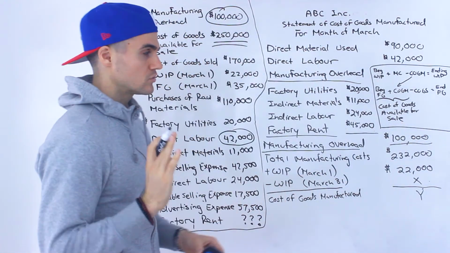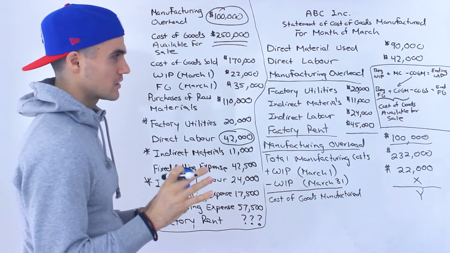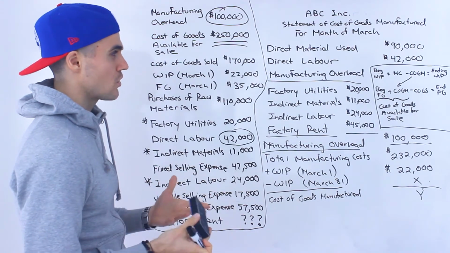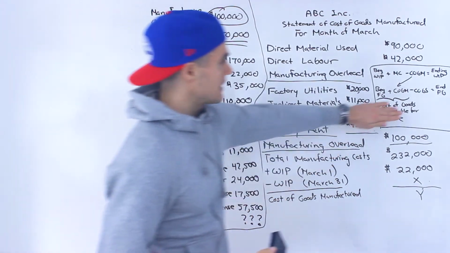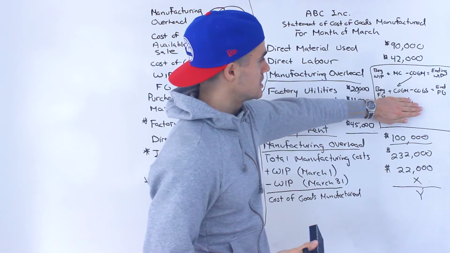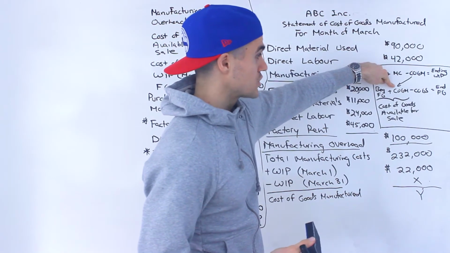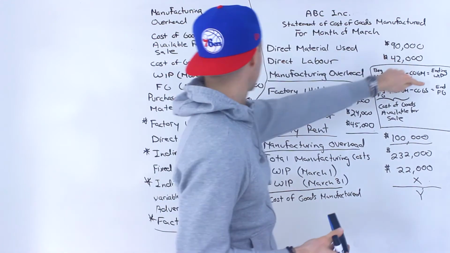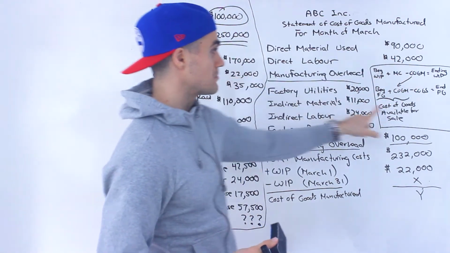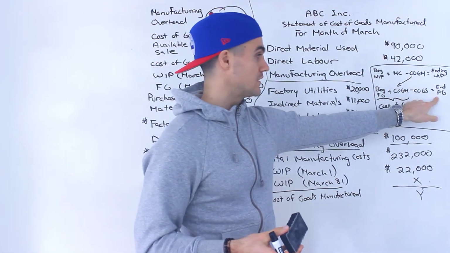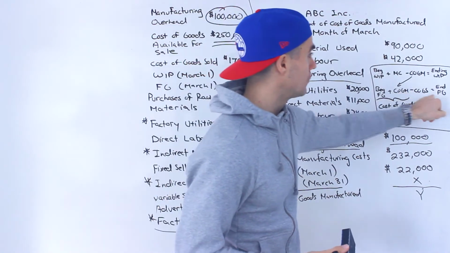All right, so this is really tricky in terms of working backwards and knowing how to solve for certain things. Because if we don't use this, we're given this, we're not given that, we're trying to solve for that. We're given the cost of goods sold, 170,000, but we're not given the ending finished goods. So we would have two unknowns again.